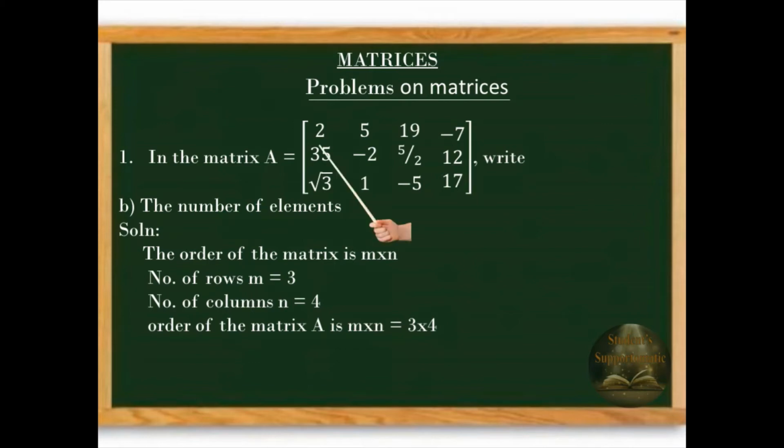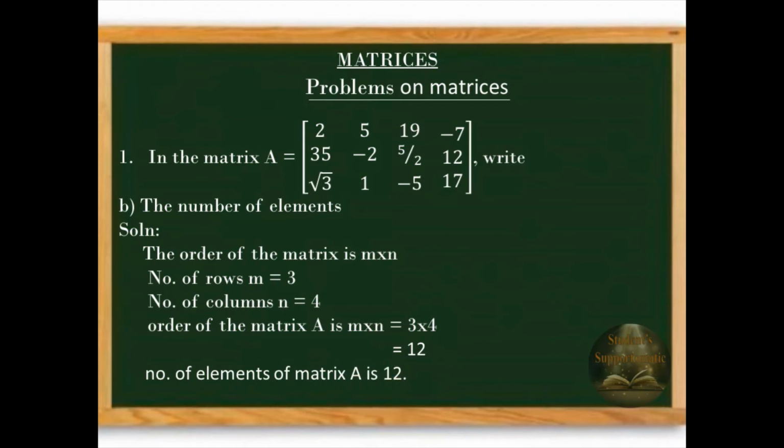So when we count the number of elements in the matrix, it is 12. But we can easily write it as the product of the order of the matrix. The number of rows is 3 and the number of columns is 4. So 3 fours are 12. So we can easily write it as a product of the order of the matrix. That is, the number of elements of matrix A is 12.